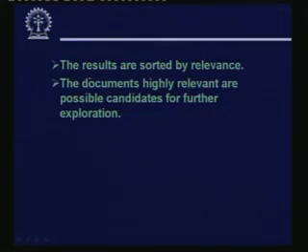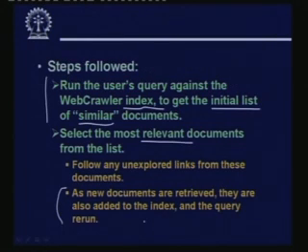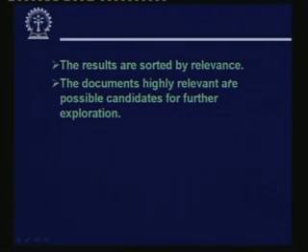The results returned are sorted by relevance, and the documents with the maximum relevance value will be the next possible candidates for further exploration. In this way you go on recursively expanding documents, going from one to the other. Here, the web crawler introduced one interesting concept, in the sense that it is not a purely two-part process, where in one part you create the index and in the other part you search it.